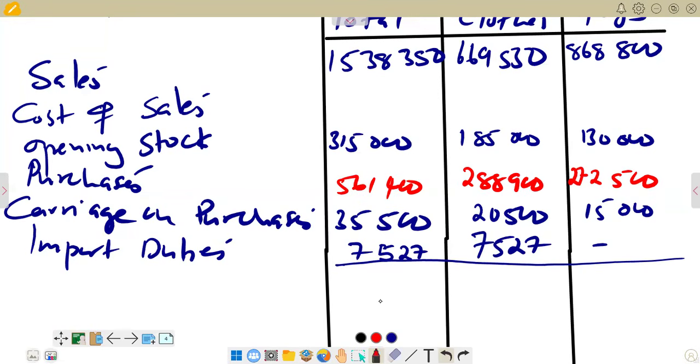If you add in the totals column, that is 350,000 plus 561,400 plus 35,500 plus 7,527. The total that you are going to get here is 919,427. For the clothing column, we are saying 185,000 plus 288,900 plus 20,500 plus 7,527.